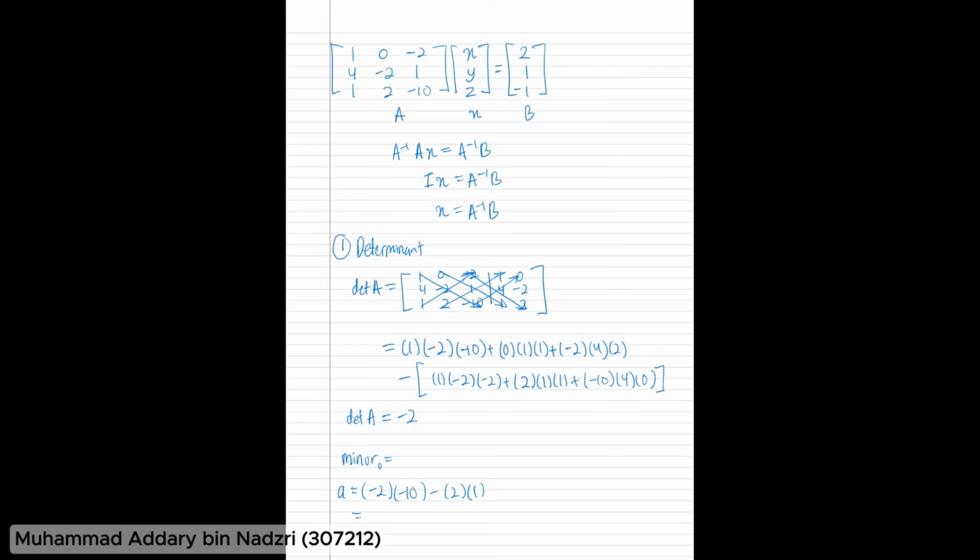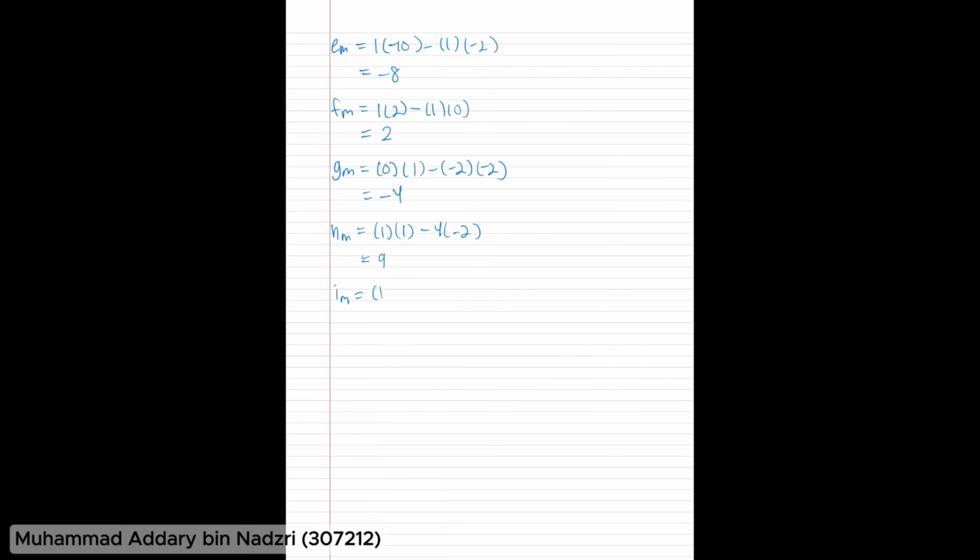So that is equals to 18. Last one is equals to 1 times -2 minus 0 times 4, which is equals to -2. Now the matrix A minor is equals to, so the next step is the cofactor.